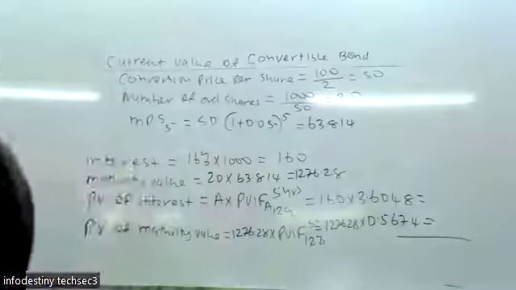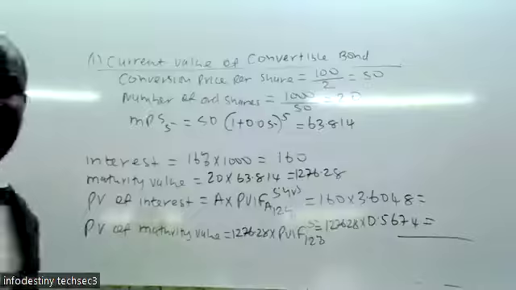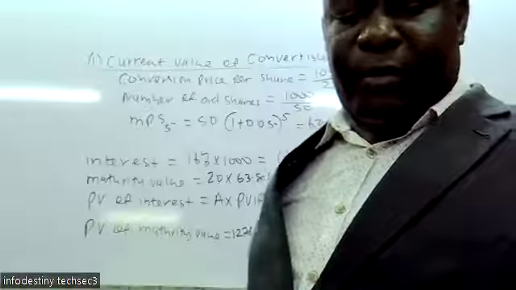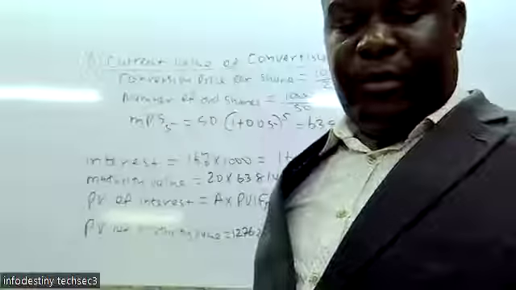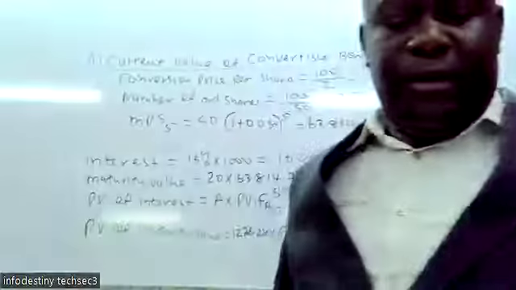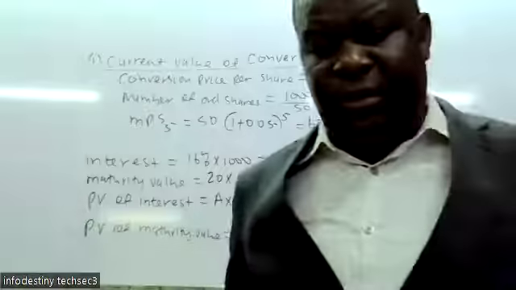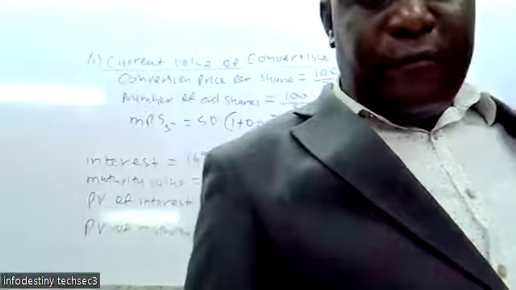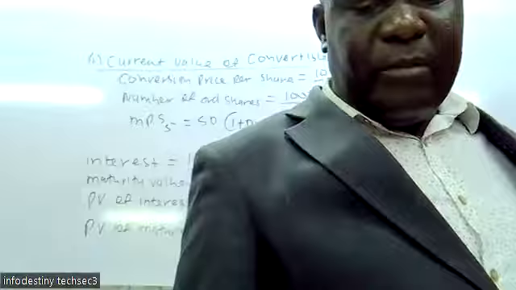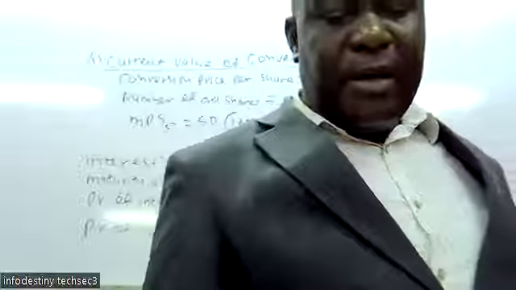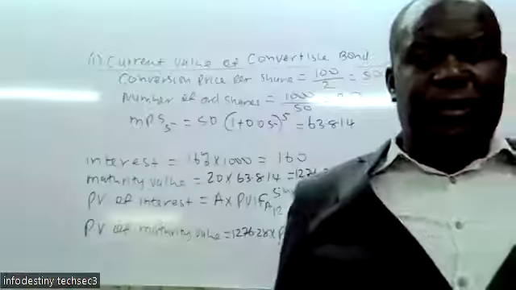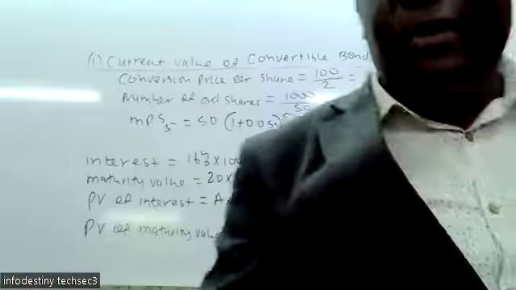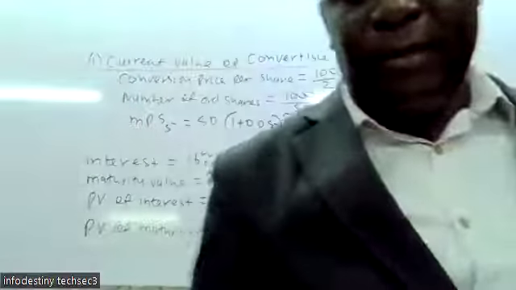We comment that it is the value of the bond where the maturity value is adjusted to reflect the current conditions in the market.